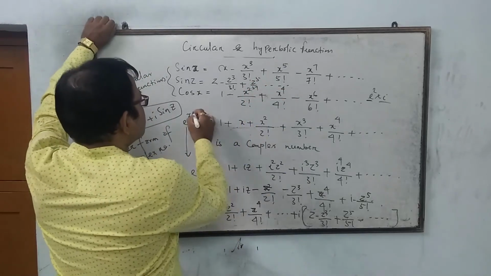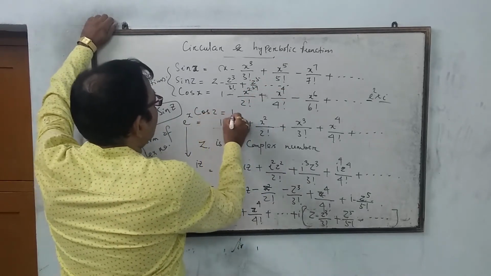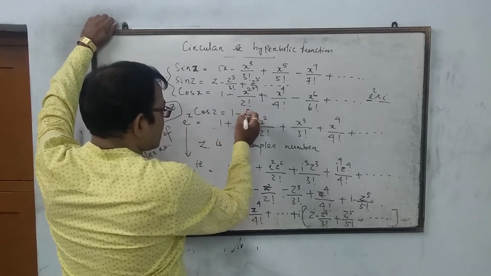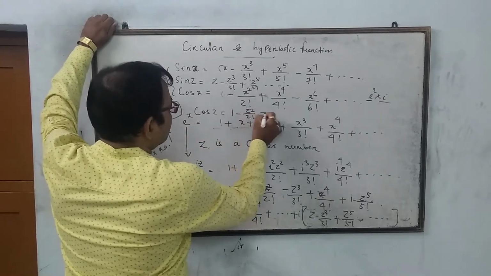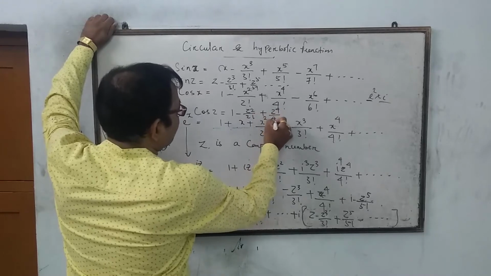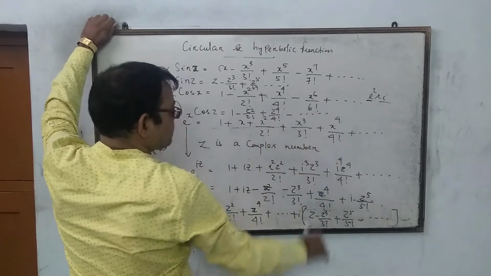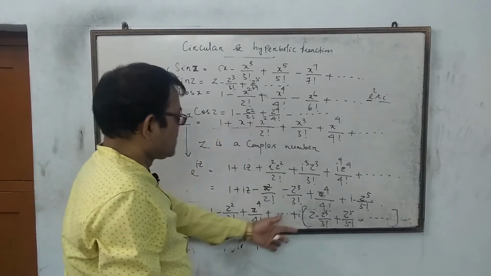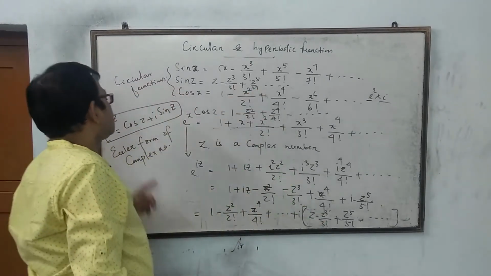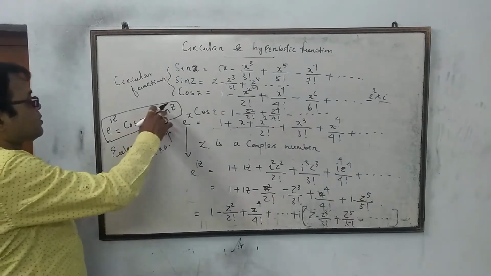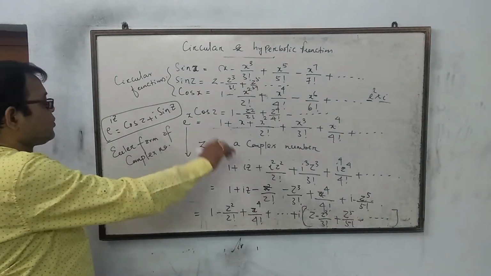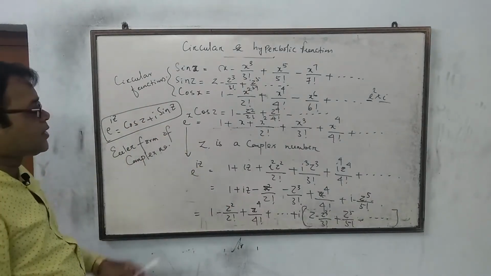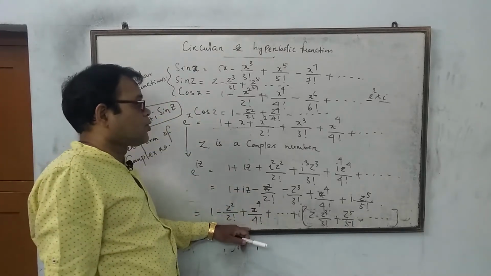Also cos z can be written as 1 minus z square by 2 factorial plus z to the power 4 by 4 factorial minus and so on. So this one is cos z and this one is sin z. So e to the power iz is equal to cos z plus i sin z. This is the Euler form of the complex number. I think it is clear to everybody. Pause the video, note it down.